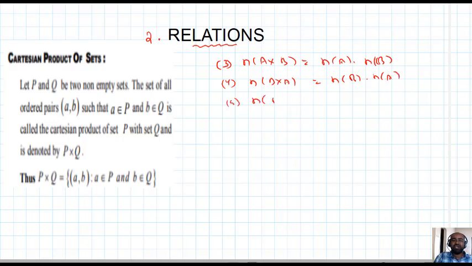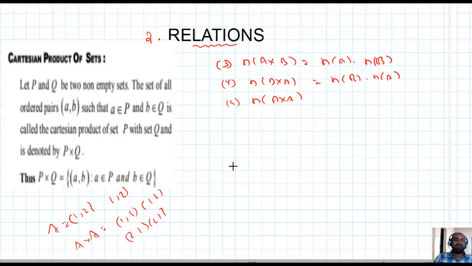Sometimes you want to find A cross A. For example, A is given as 1 comma 2. Then find A cross A. A cross A means A to A only. A is 1 comma 2, again A, take 1 comma 2. So 1 comma 1, 1 comma 2, 2 comma 1, 2 comma 2.